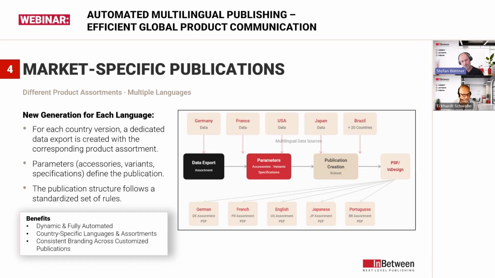Some parameters are coming from data, like different accessories, variants, but also parameters can be given during generation time to define the publication. And of course, the publication structure follows a standardized set of rules. Once again, we have a master template, and we're also using the same project with the same rules for each country.